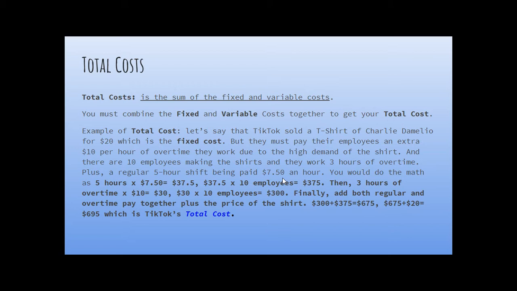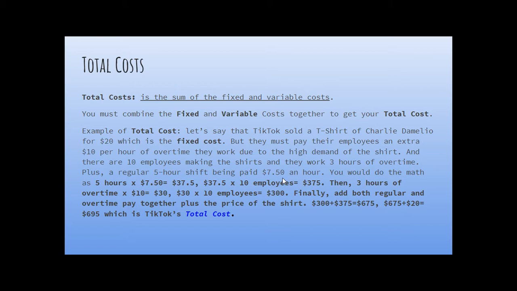So we're going to do $7.50 times 5 hours. Sorry for the sloppiness.